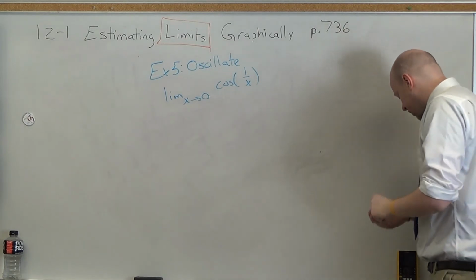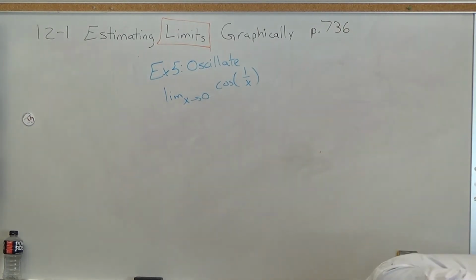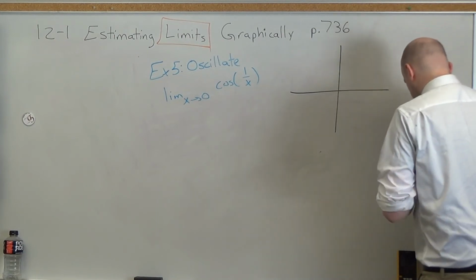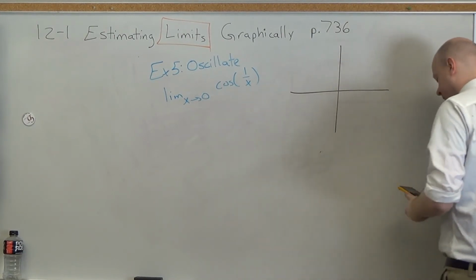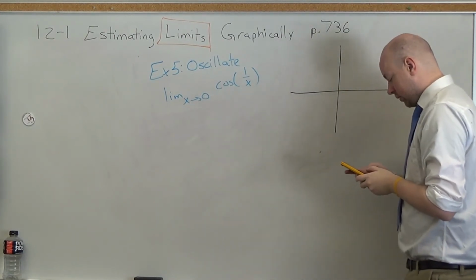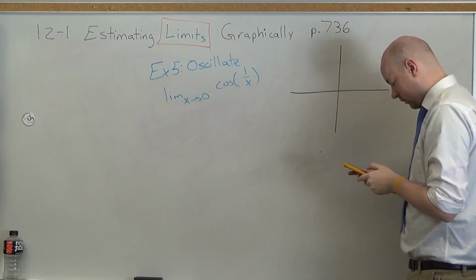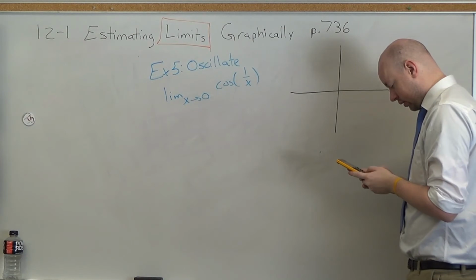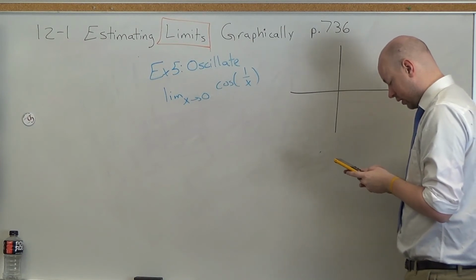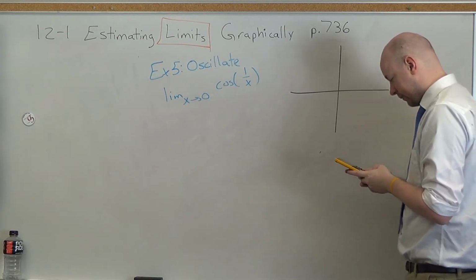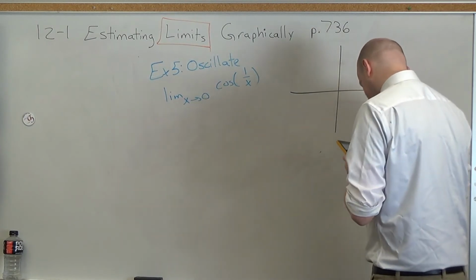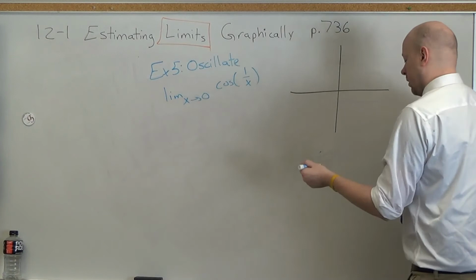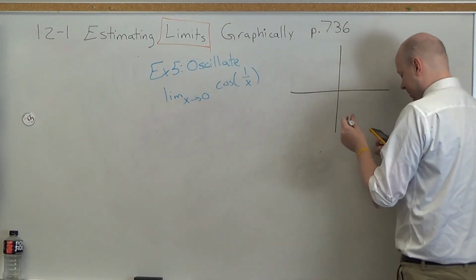Now again, I encourage you to graph it just to see all the craziness that's going on. Let's see, cosine of 1 over x. Okay, so the graph's actually kind of cool.